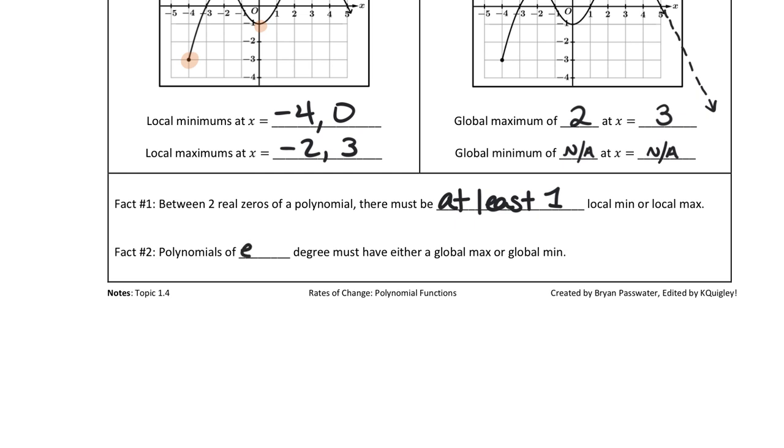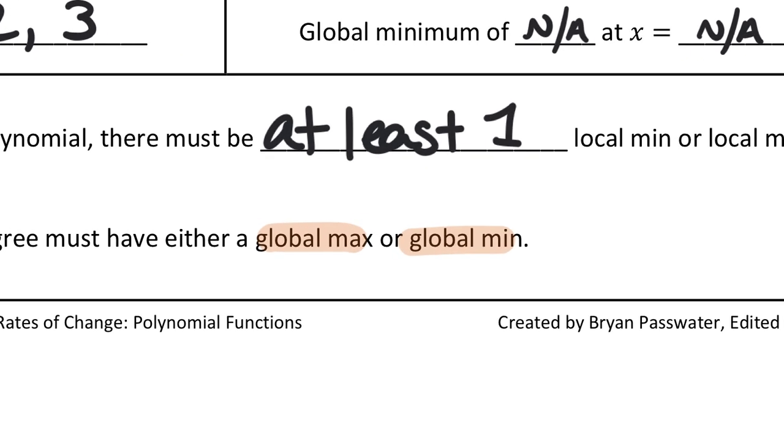Polynomials of even degree. So quadratics, degree 2. Quartic functions, degree 4. Degree 6, degree 8. Any even degree function must have either a global max or a global min. And it has everything to do with that leading coefficient. If you think about happy and sad parabolas, if you have a global maximum, that parabola is going to be a sad parabola, meaning your leading coefficient is going to be less than 0.